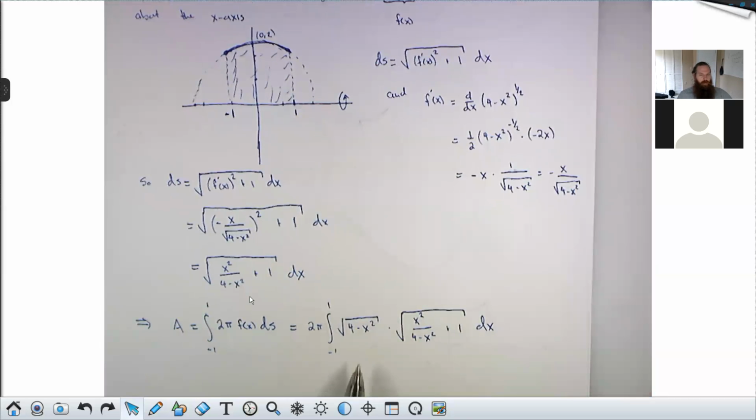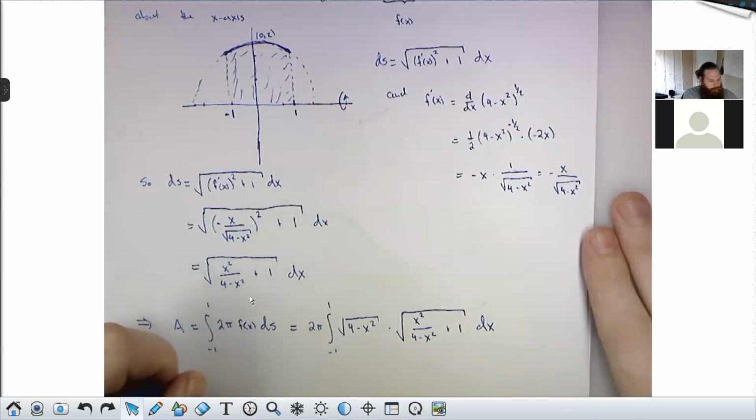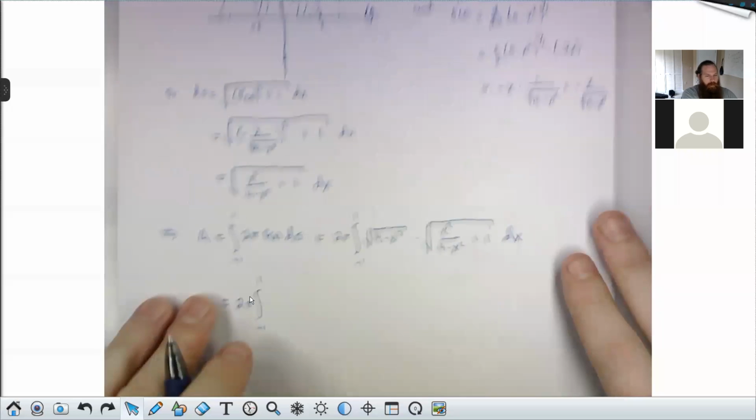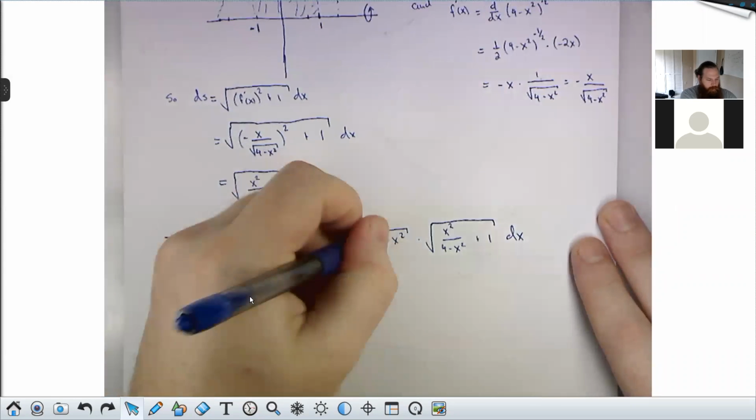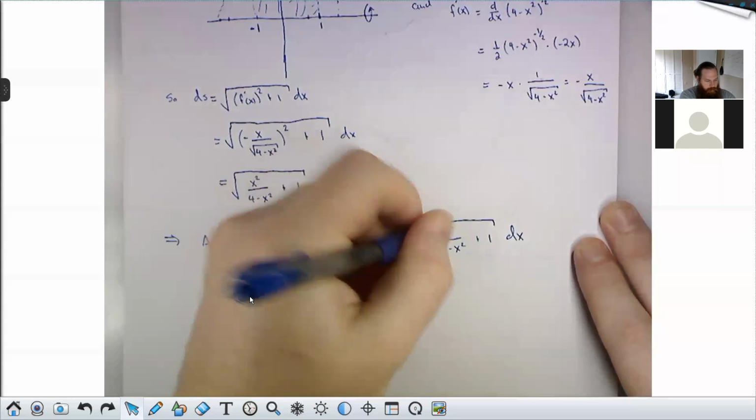This guy, if I had to integrate it on its own, I could. That's a little bit of trig sub. Over here, I'm not even sure what I would do at the start if I had to integrate this on its own. But I would probably begin by having a common denominator and trying to clean things up. In this case, because I have those two pieces multiplied, I'm going to begin by writing them as one big square root, and the inside will be this times this.